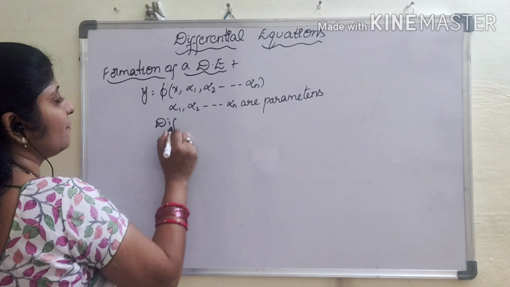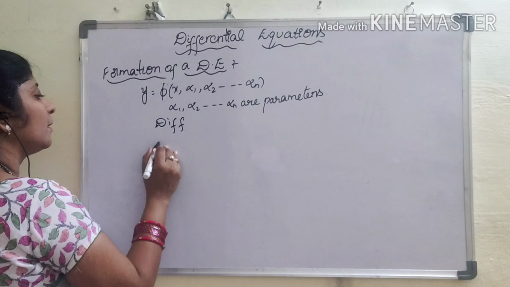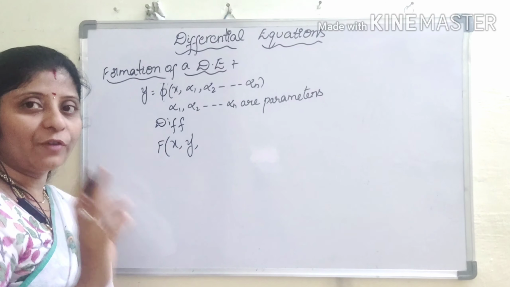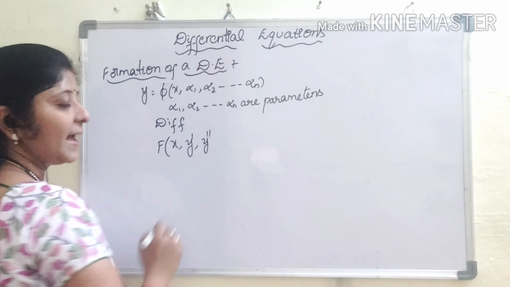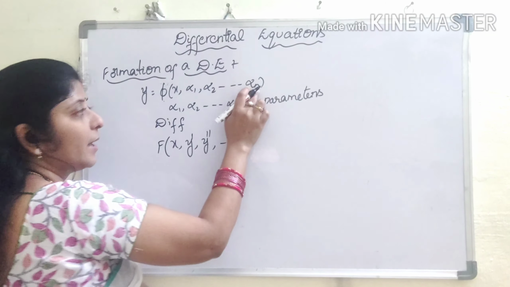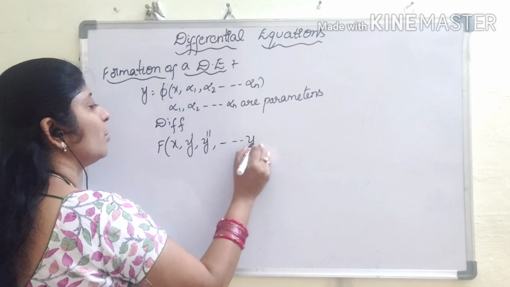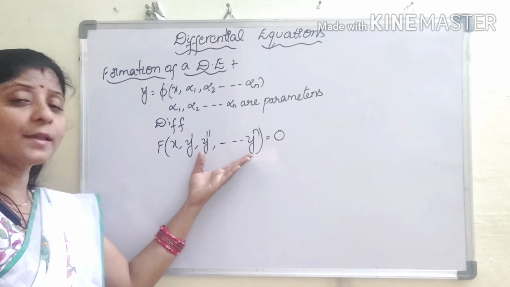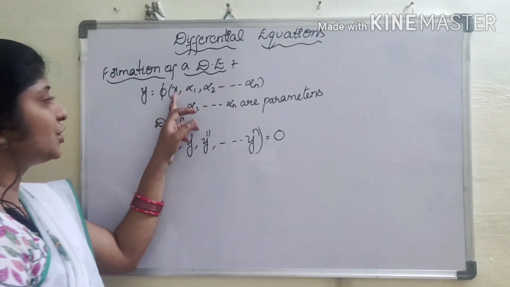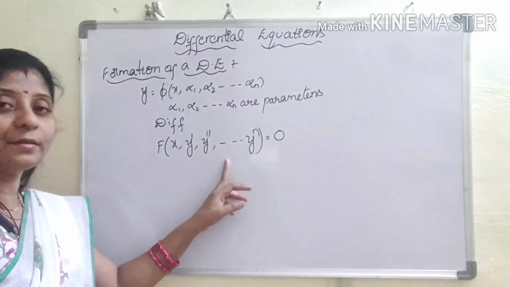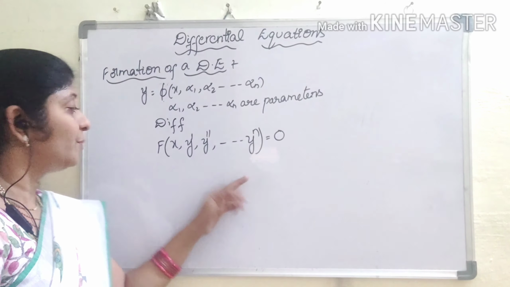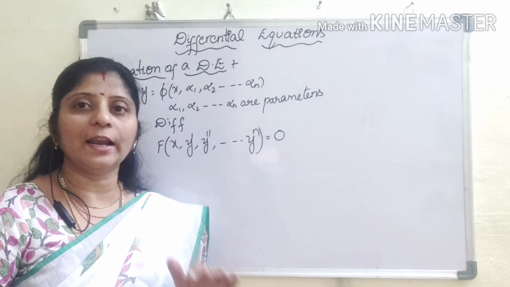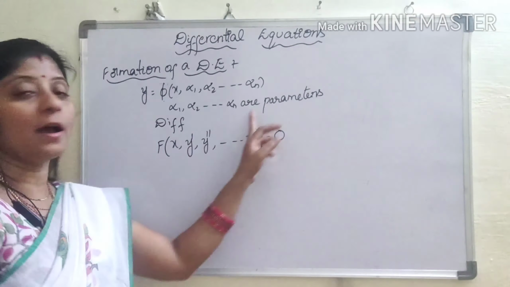By differentiating this function, we get capital F of x comma y dash, nothing but the first order derivative, y double dash the second order derivative, and so on. Here n parameters are there, so we get the nth order derivative equal to 0. This is the differential equation. By differentiating the given function y, we get this type of differential equation. In this there are no parameters, or else we can say the differential equations will occur by eliminating the parameters.